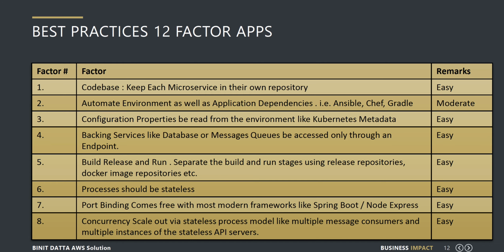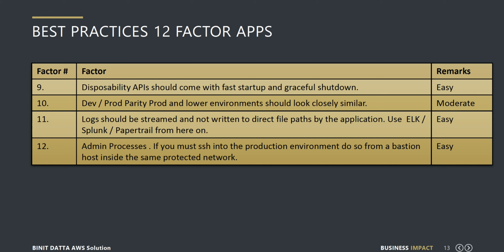So those are the first 8, and then let's go to the last 4. Disposability. The moment you have stateless processes, it becomes easy to dispose of them. And then you should have a fast startup and a graceful shutdown, that's what we need to have. Why do you need to dispose quickly?